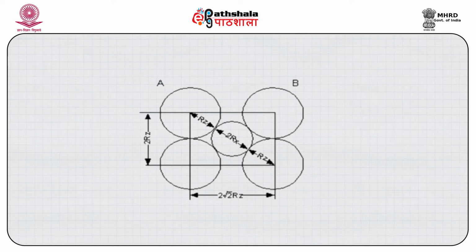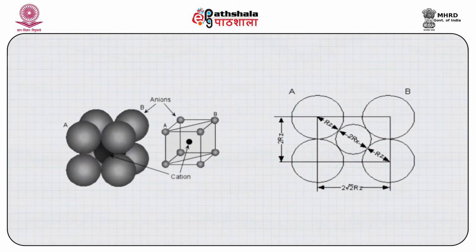In the limiting condition, there will be 8 anions touching the cation when the r x by r z ratio is 0.732. For r x by r z less than 0.732, the cation will be too small, or we can consider that it will rattle, and the structure will have to change to a lower coordination.